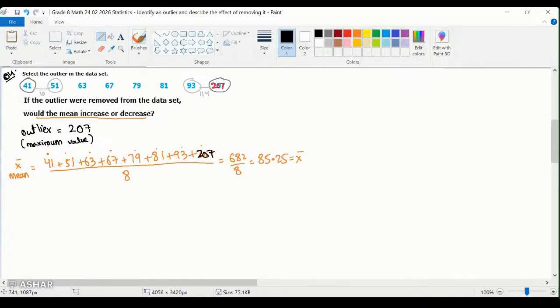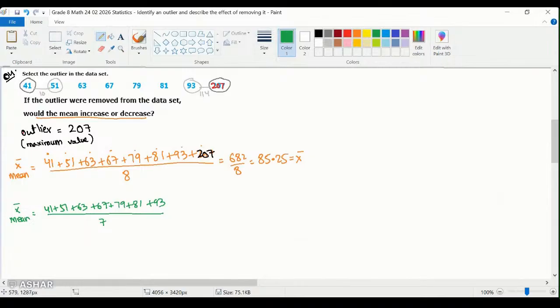If we remove the outlier, what should happen? X bar refers to mean, right? So we can say 41, 51, 63, 67, 79, 81, and 93 only to be divided by 7 values. So we can say 682 minus 207.